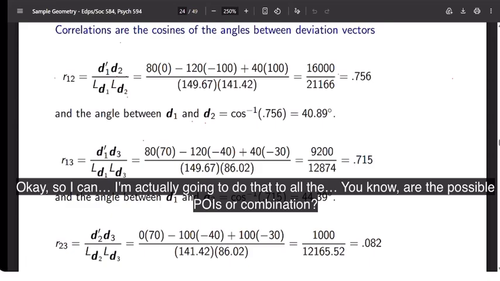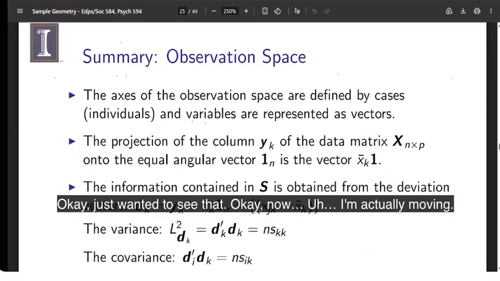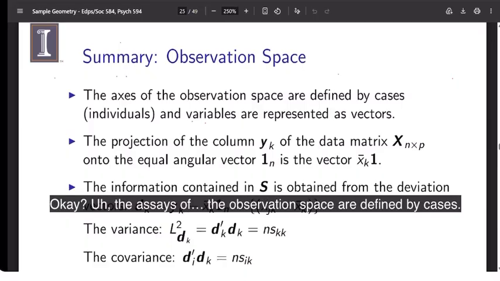Now this is the summary, and I've explained all this the other time. The axes of the observation space are defined by cases, which are individuals, and the variables are represented as vectors.